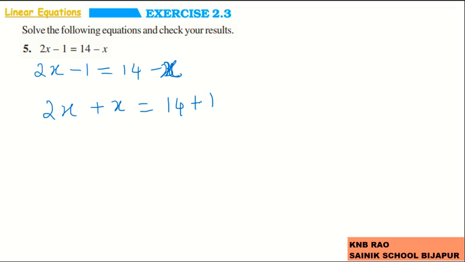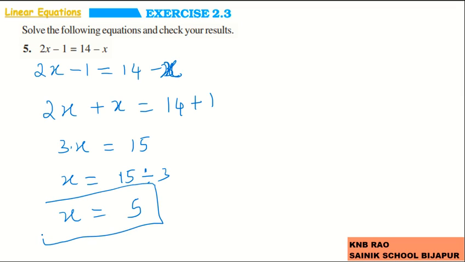So 14 plus 1. We now have 2x plus x giving you 3x, and 14 plus 1 being 15. Here 3 is a multiplicand. If it comes to this side, it does division, and 15 divided by 3 gives you 5. So therefore, I got the solution of this equation as x equal to 5.